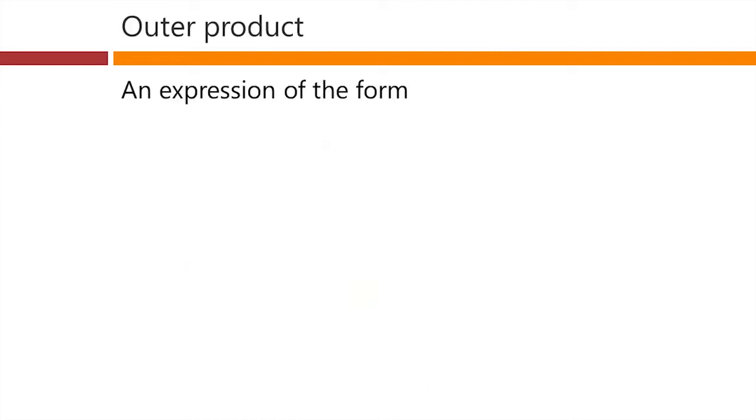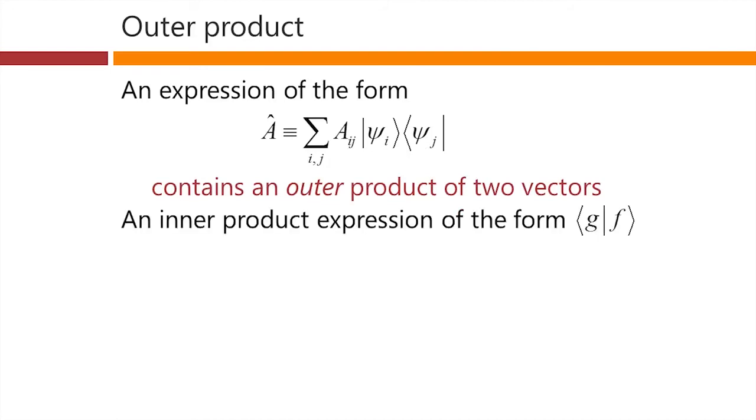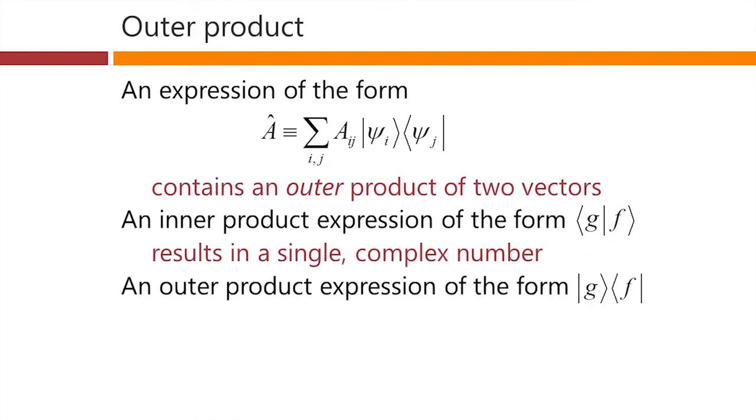Now, what we've been looking at here, an expression of this form with the bra and ket vectors the other way around from the inner product, this is an outer product of two vectors. An inner product of this form here returns a single complex number. An outer product expression of this form generates a matrix.